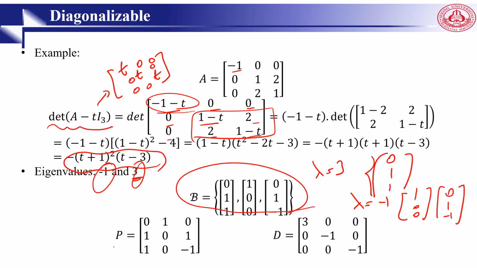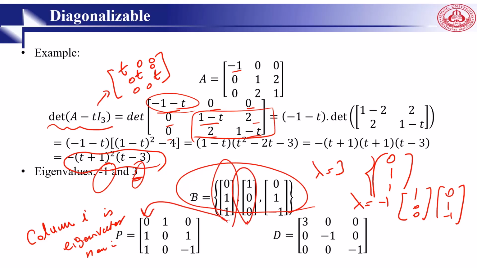In the case of matrix P, the column i of matrix P is eigenvector number i. It means this one will come here, this one will come here, and this one will come here.